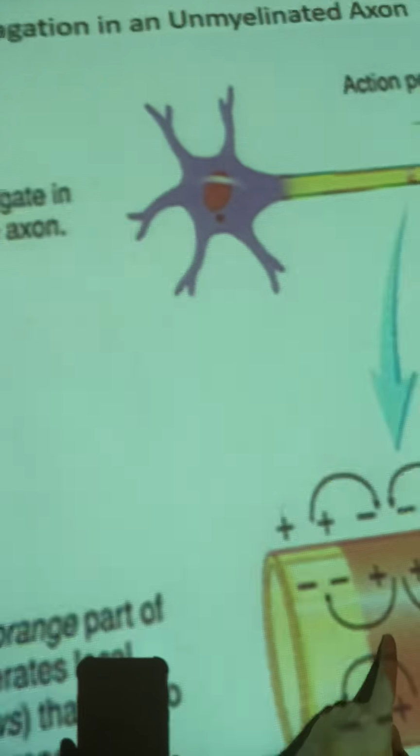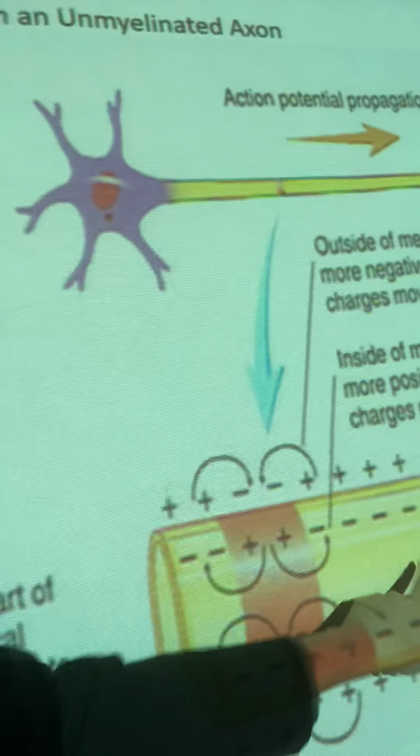Here's just a little example. It's only action potential that moves that signal forward. Now here's the problem. It's very slow. When you compare myelinated axon to unmyelinated axon, unmyelinated axon moves that signal forward at a much slower rate than myelinated axon.